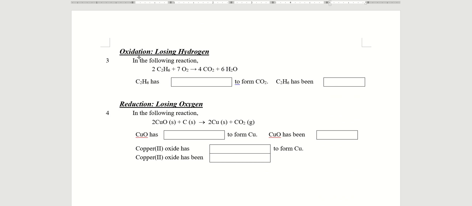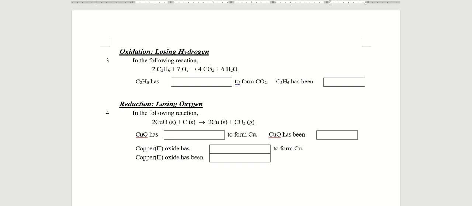In this example, we now focus on oxidation as a loss of hydrogen. This is a combustion reaction. C2H6 is ethane. Ethane burns in oxygen to form carbon dioxide and water. We can see this ethane molecule started off with carbon bonded with hydrogen.